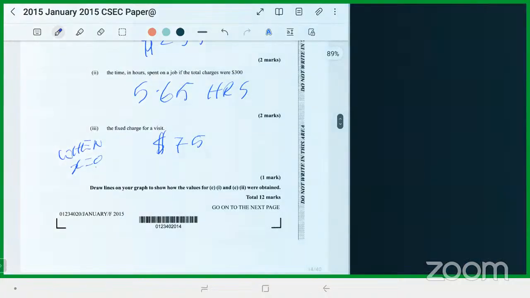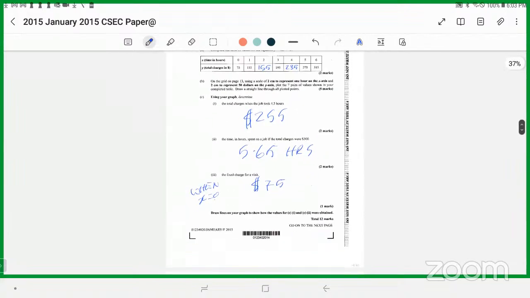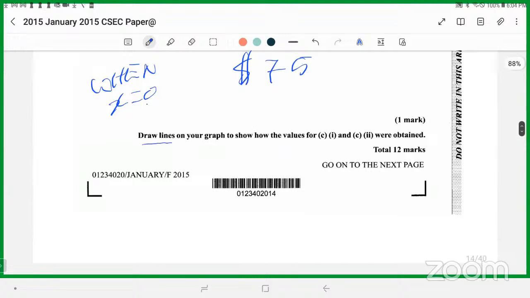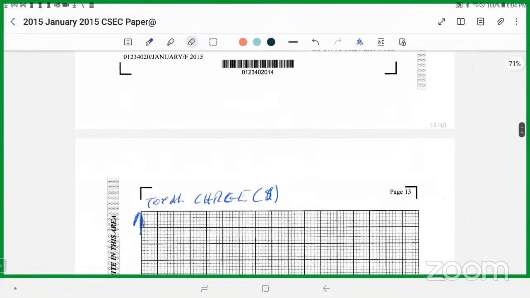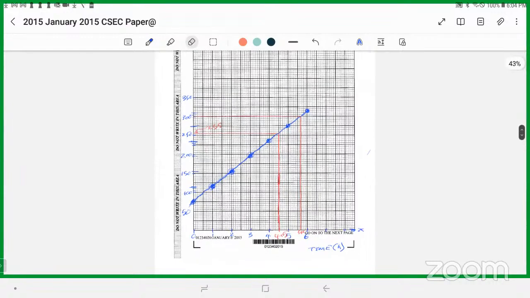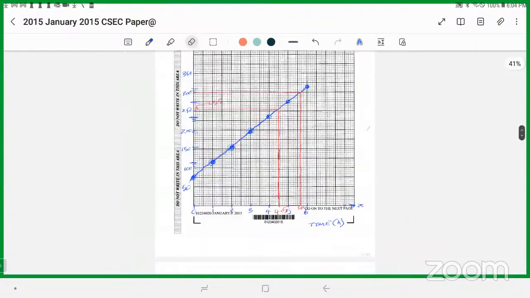Are you okay with that? Yes, sir. Look at this part here. It says draw lines on your graph to show how the values are obtained. These are those red lines. If you don't put them on, you're not going to get the marks.